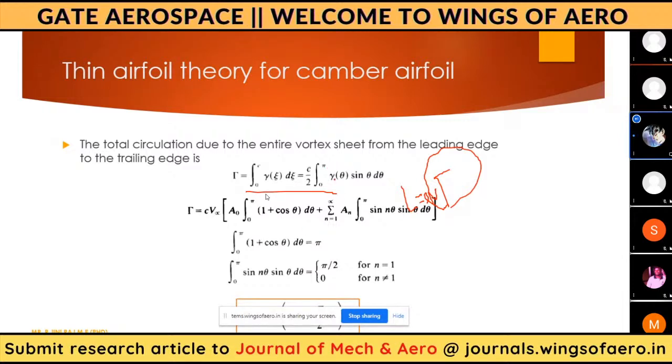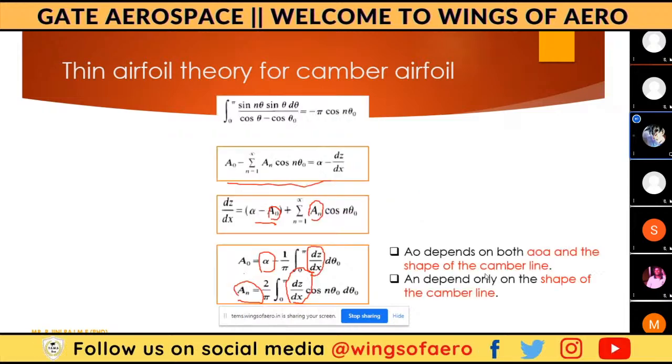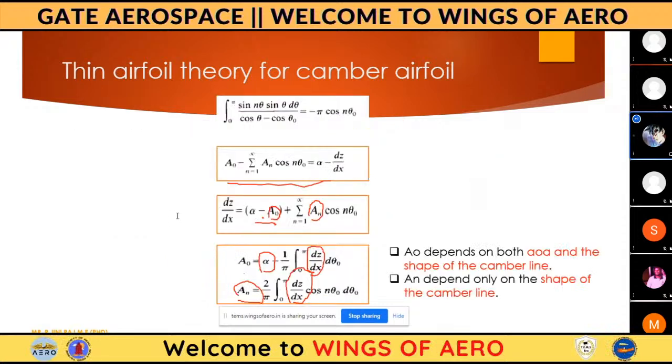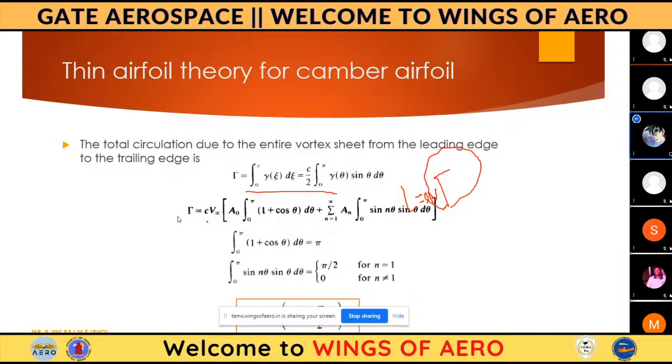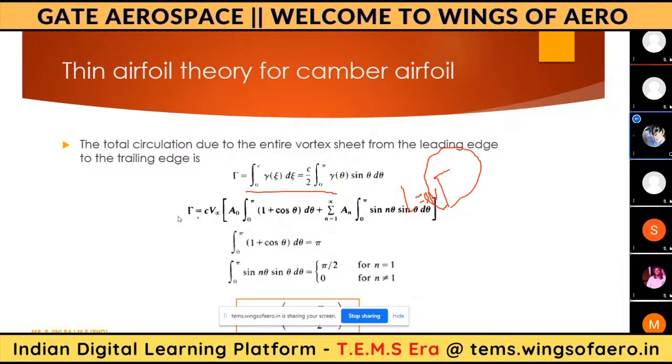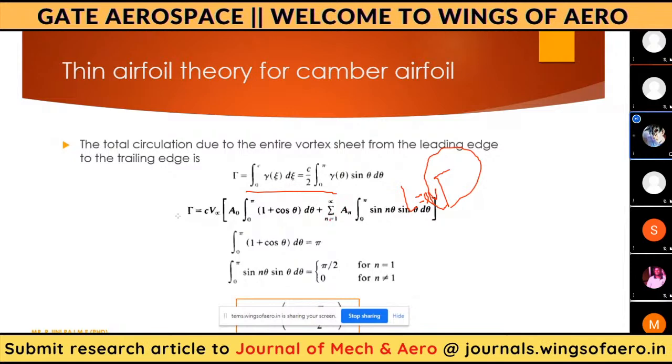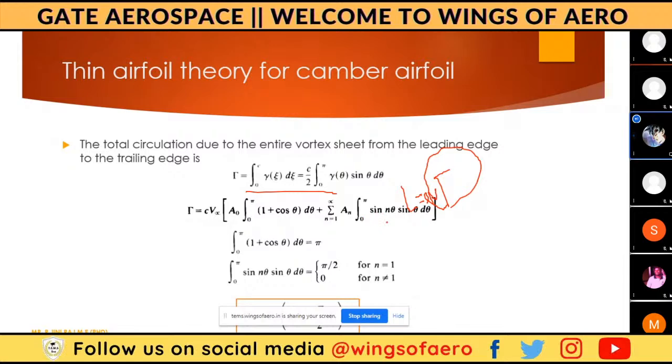And after substituting, we know the gamma of theta value, that is here. After substituting this gamma of theta value, we will be getting circulation equal to c into v infinity into A0 integral of 0 to pi (1 plus cos theta) d theta, plus summation of n equal to 1 to infinity An integral of 0 to pi sin n theta sin theta d theta.